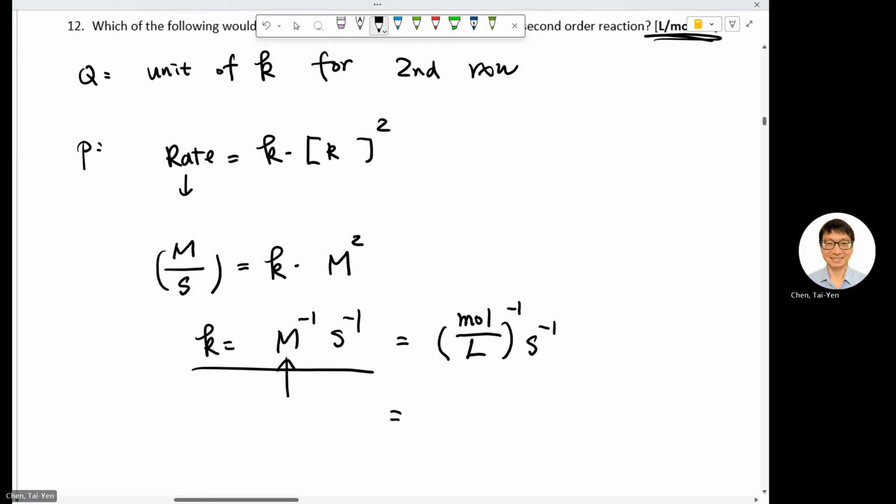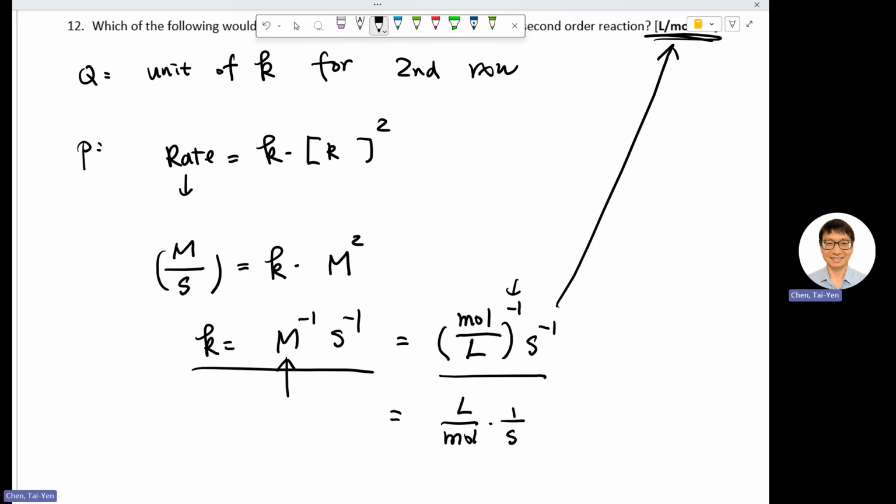So this is actually equivalent to that. This means you want to do the reciprocal, which will give you this times that. And that will be the answer you're going to see in your multiple choice options.